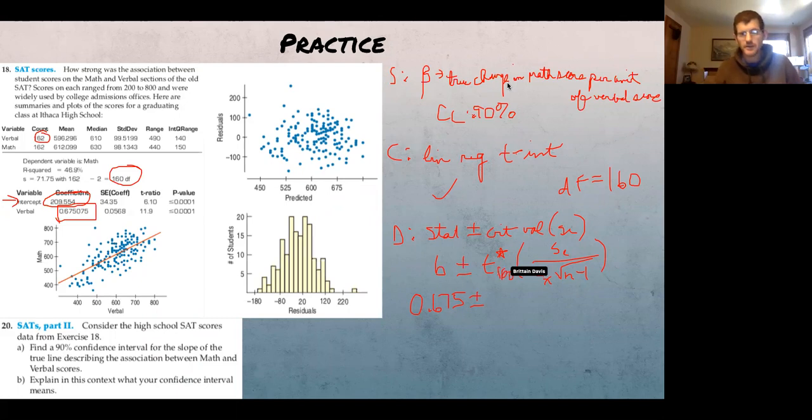We'll look at that in a minute, but let's plug in the other stuff. The standard deviation for our residuals is given right here. Notice it just calls it S, and you can call it just S if you want. That's 71.75.